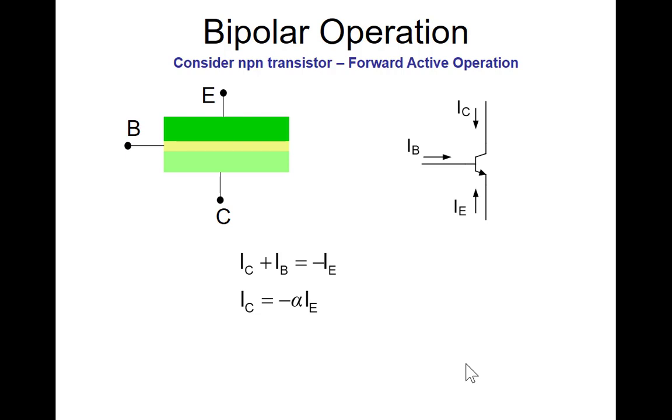The minus sign is there because we talked about the current flowing out of the collector rather than into the collector. If alpha is very close to 1, the collector current and the emitter current are very nearly the same in magnitude. They're just opposite in sign. Make sense?